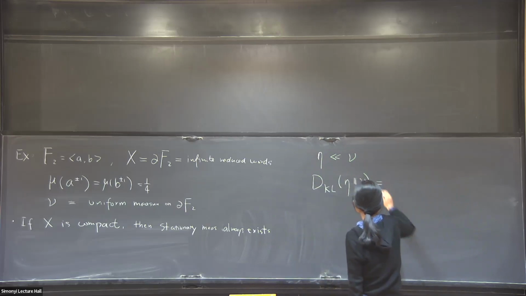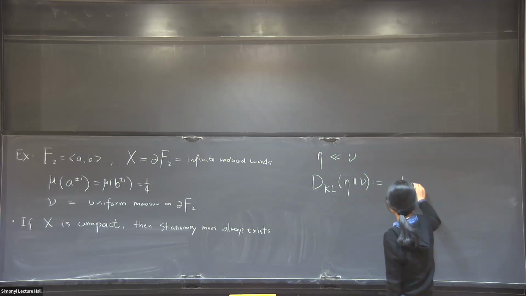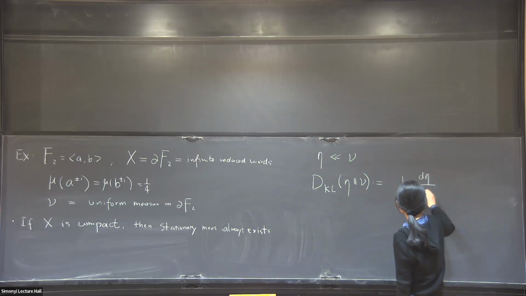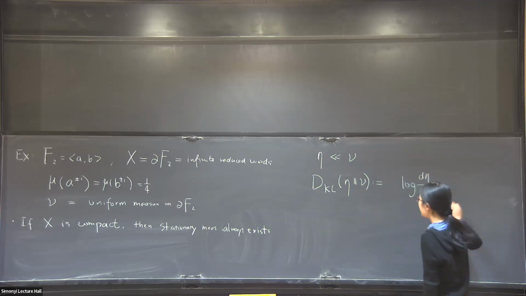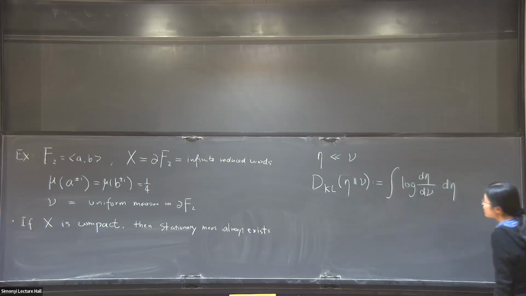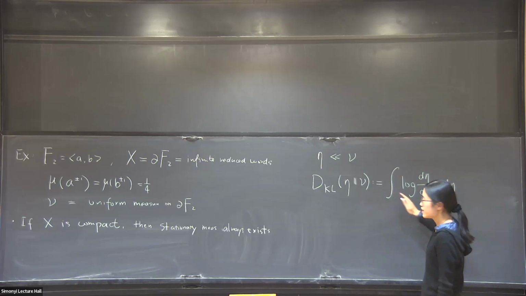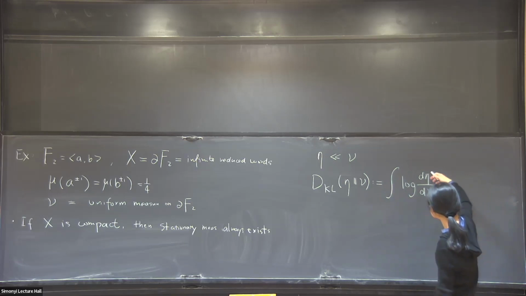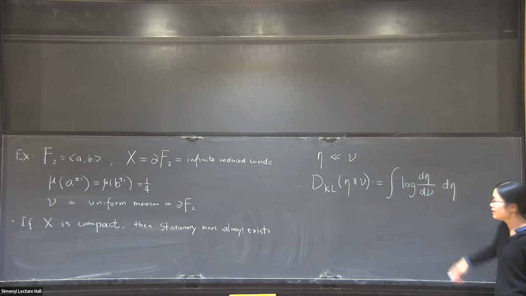By definition, it's just the log of the Radon-Nikodym derivative, and then you integrate. So this measures how far eta is from nu. It is 0 if and only if this Radon-Nikodym derivative is 1.